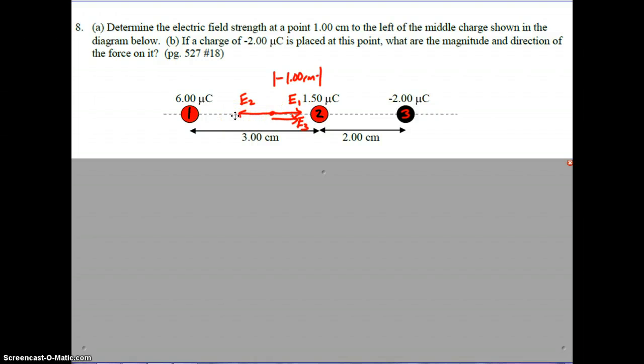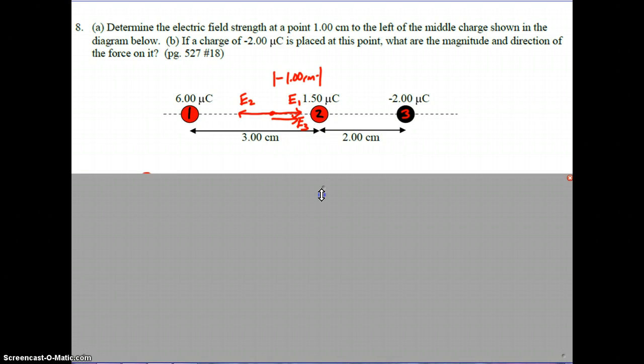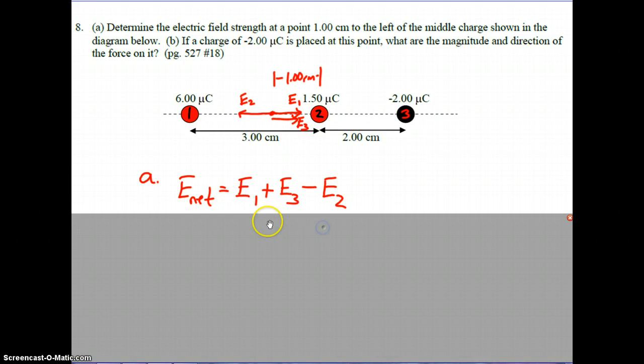And the electric field due to charge 3, since charge 3 is negative, would attract a positive, so it is also to the right. It then makes sense that the net electric field would be E1 plus E3, since they're both pointed in the same direction, minus the electric field due to charge 2.